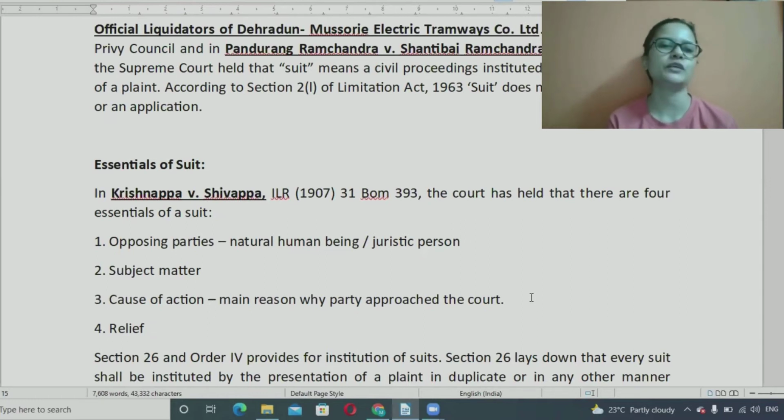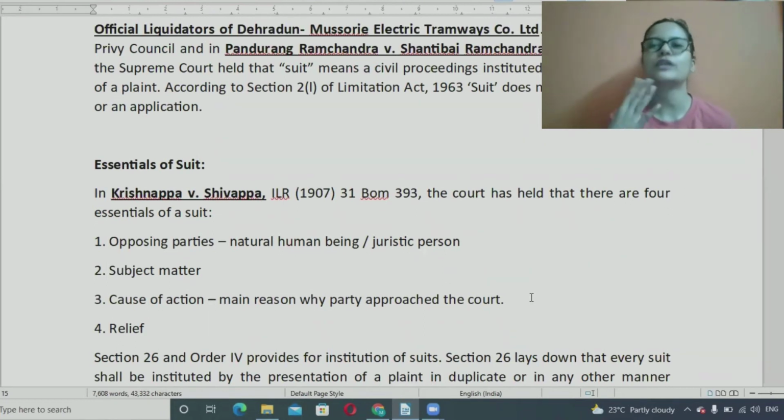Because when we are approaching the court, we will have something in our mind. Might be you want that whatever contract was entered, that contract should be performed. Or you might want that, even if the contract is not being performed, I should get compensation. You may want an injunction order, whatever it is. It's the same as remedy. You would ask for some remedy or some relief, that also has to be there.